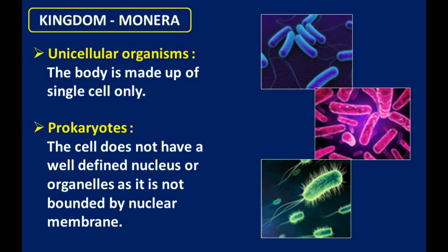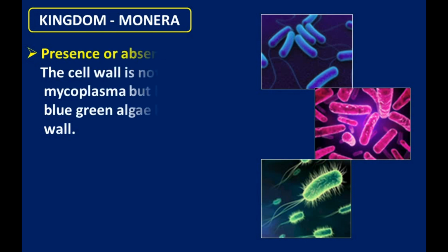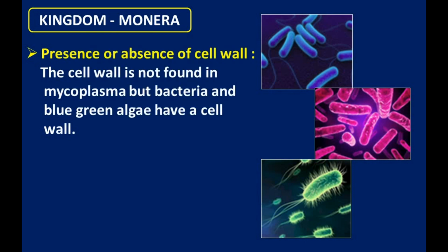So the nuclear membrane is completely absent in the organisms of kingdom Monera. Presence or absence of cell wall: cell wall is not found in mycoplasma, but bacteria and blue-green algae have a cell wall. So in mycoplasma, the cell wall is absent, but in bacteria and blue-green algae, the cell wall is present.